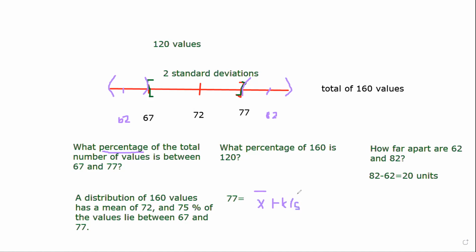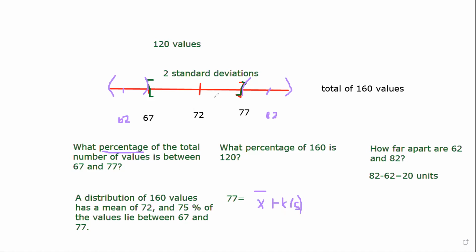How do I know what K is again? Because we found the standard deviation for 67 to 77. We know that there's two standard deviations because the percentage is 75%, right? So this is two standard deviations away.